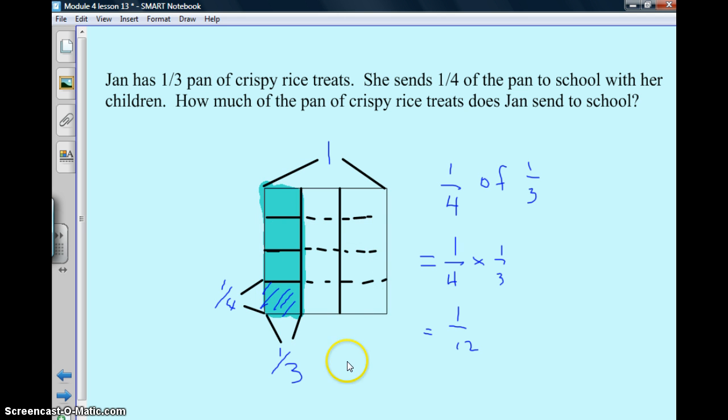So if I look at this without even doing any calculations, I know the answer is going to be 1/12. And then if I write it down, I have 1/4 of 1/3, which means 1/4 times 1/3, which means 1/12, because 1 times 1 is 1, 4 times 3 is 12, and the picture proves that I am right. Moving on.